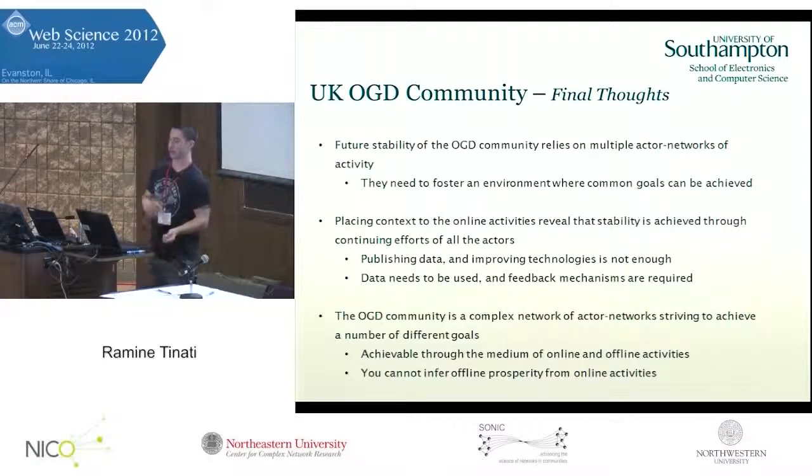So the final thoughts on the open government data community are that its stability can't just be reflected by looking at the different activities. It's more than this, and you can't infer that online and offline activities are the same. You need to really investigate this.